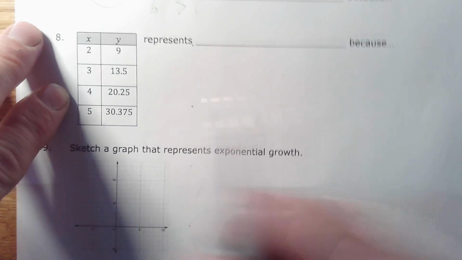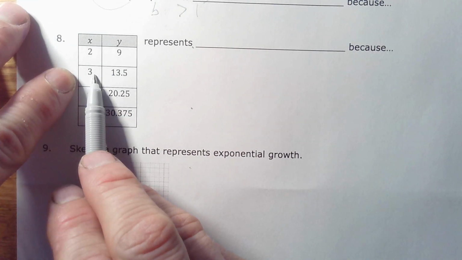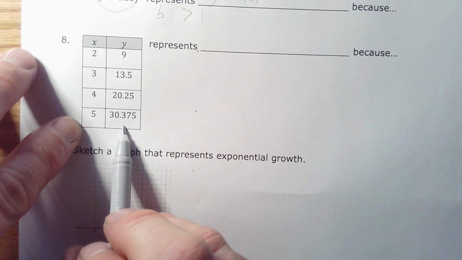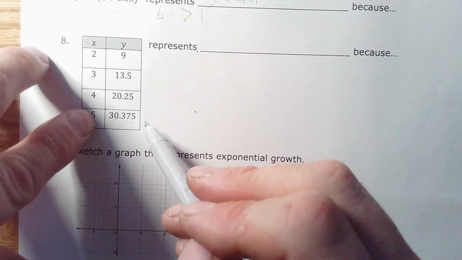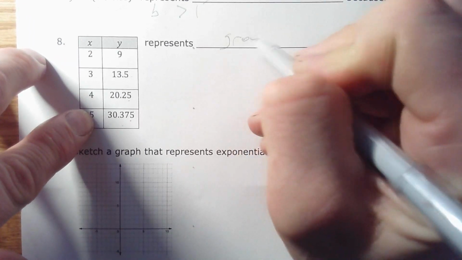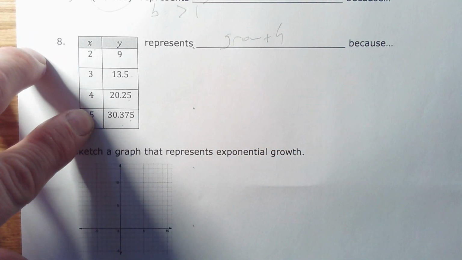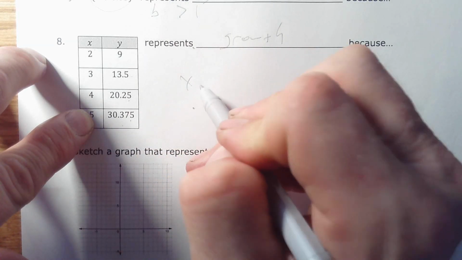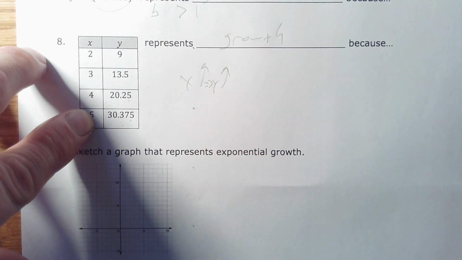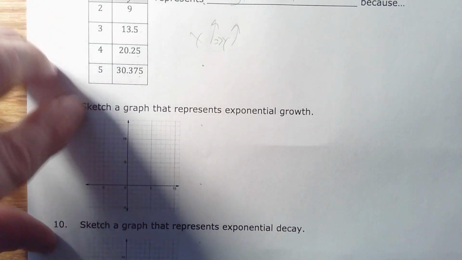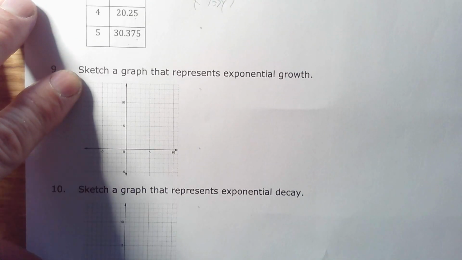This one gets smaller, smaller; this one gets bigger, bigger, bigger. As x goes up, y gets bigger. So this is a growth. As x goes up, y goes up by some factor.